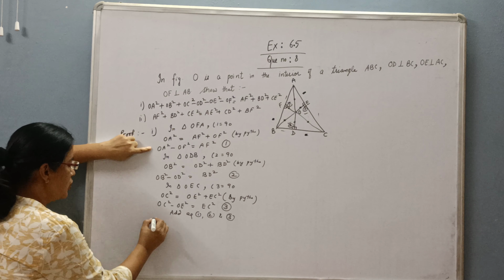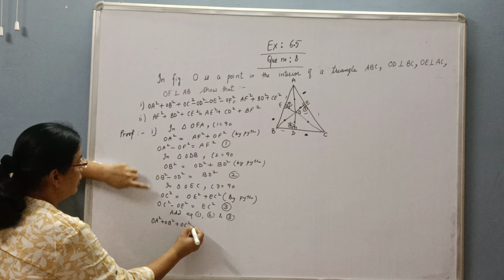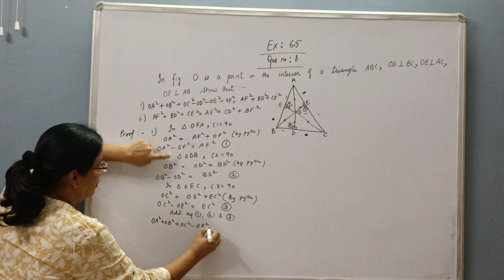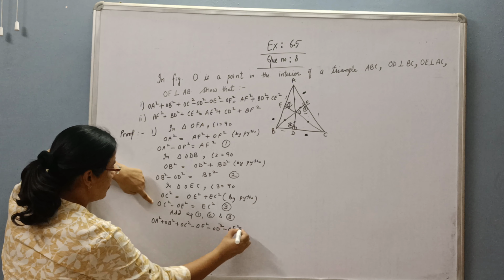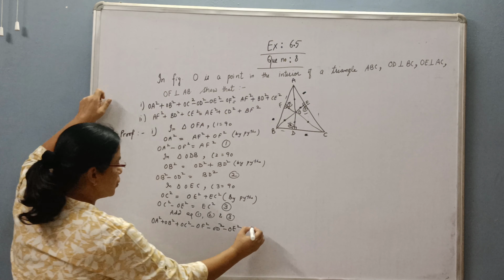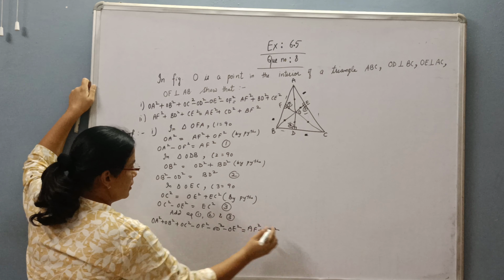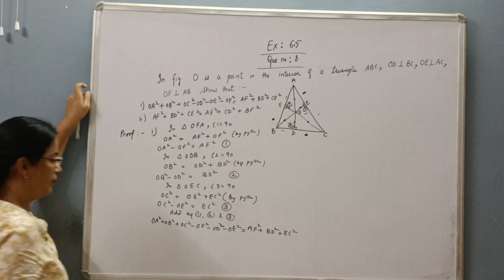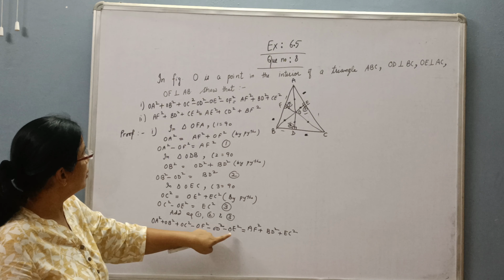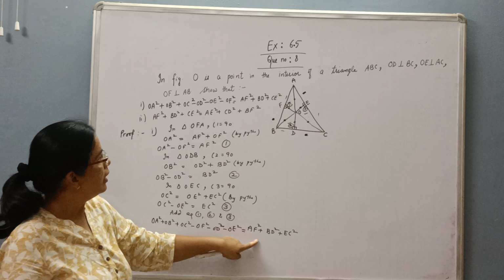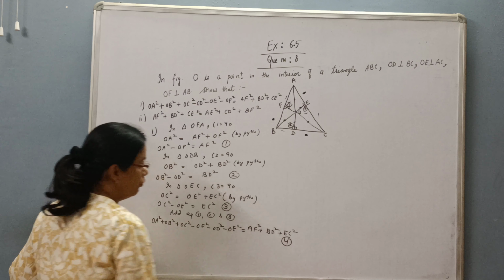So we can write OA square plus OB square plus OC square minus OF square minus OD square minus OE square is equal to AF square plus BD square plus EC square, or you can write CE square. So this is part 1: OA square plus OB square plus OC square minus OD square minus OE square minus OF square is equal to AF square plus BD square plus EC square. Okay, so this becomes equation number 4.